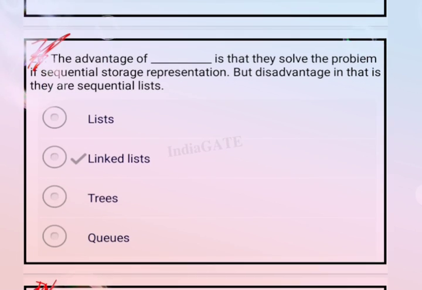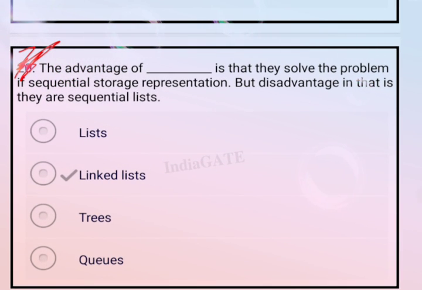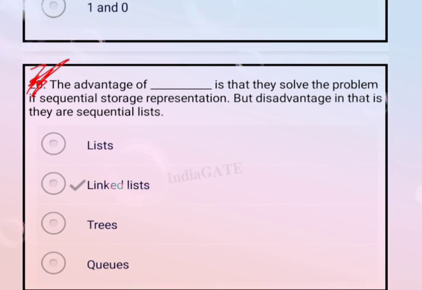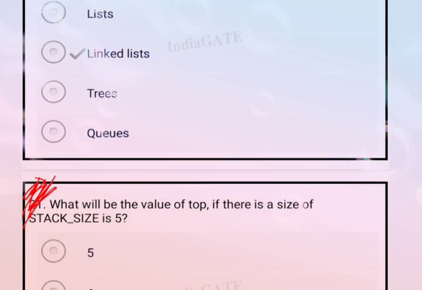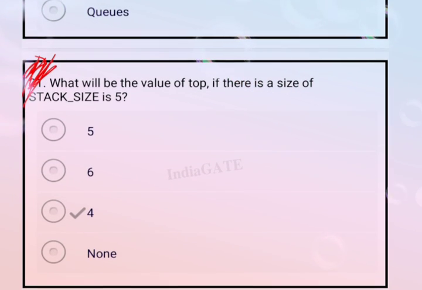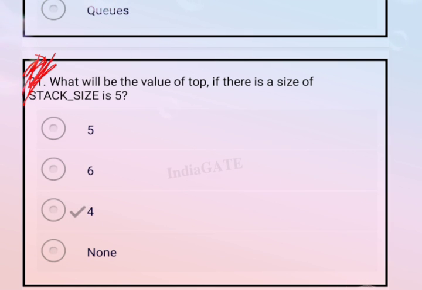Now come to the next question. The advantage of dash is that they solve the problem of sequential storage representation, but the disadvantage is that they are sequentially listed, that is your linked list. Option B is your correct answer. Now come to the next. What will be the value of top if the stack size is 5?